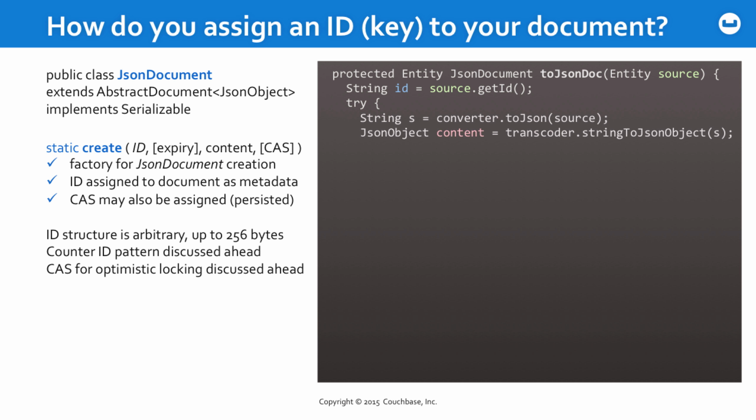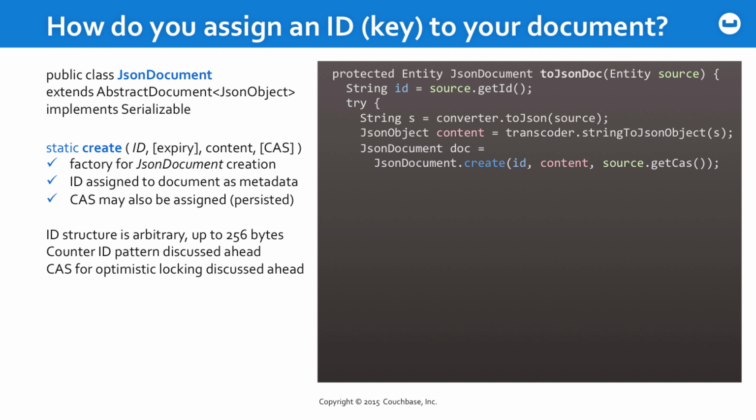That string can then be converted via the transcoder into a JSON object. And then that object is passed along with the ID that you've extracted from this object or generated in some other manner. How you go about that is up to your own art and science. You pass those values to the create method.